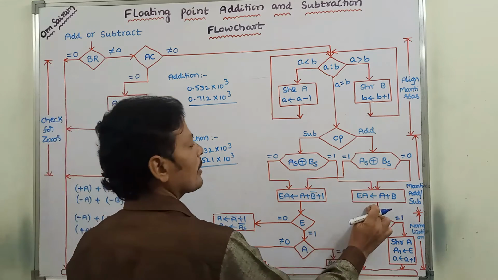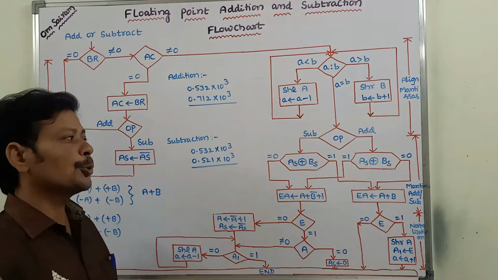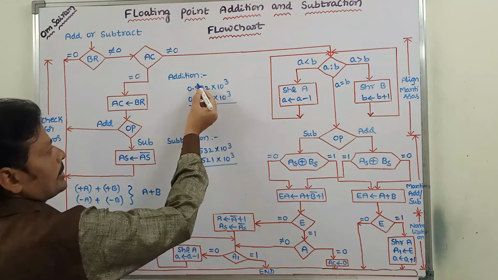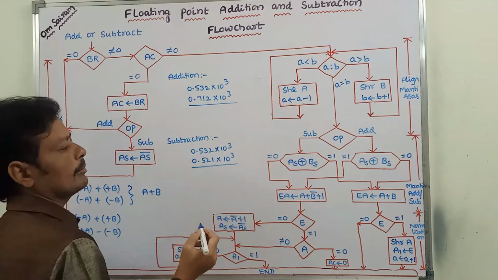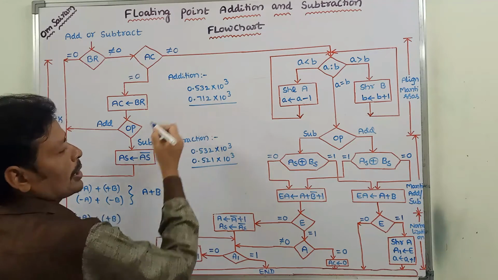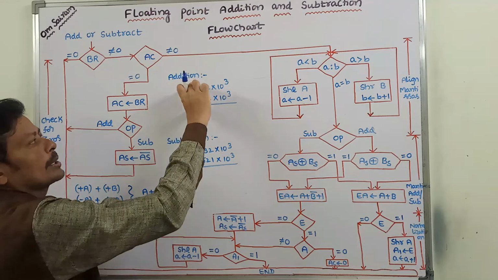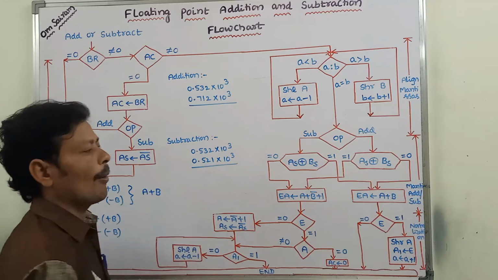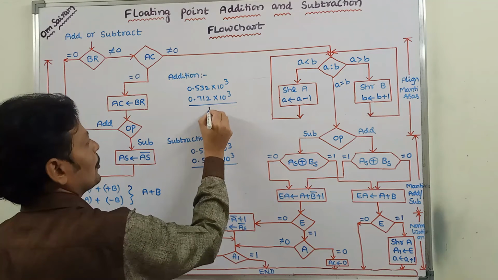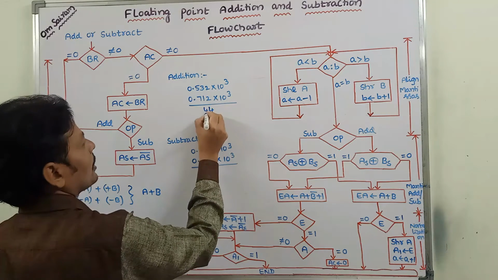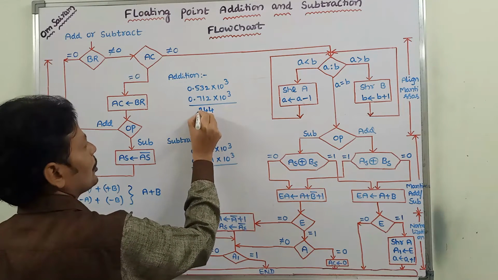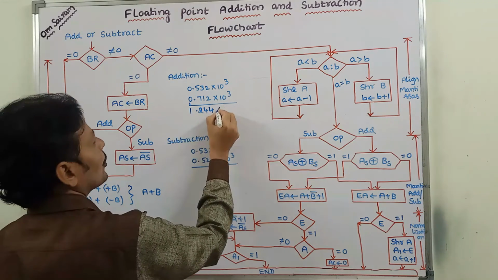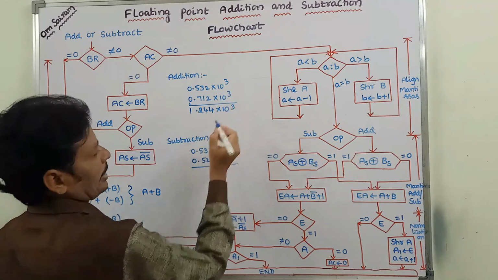Whenever we are performing the addition operation between the two mantissas, this is the mantissa of the first floating point number, and this is the mantissa of the second floating point number. When both signs are the same, then we are performing the addition operation. 2 plus 2, 4; 3 plus 1, 4; 5 plus 7, 2 with carry 1; 0 plus 0 plus 1, 1. So the result is 1.244 into 10 power 3.